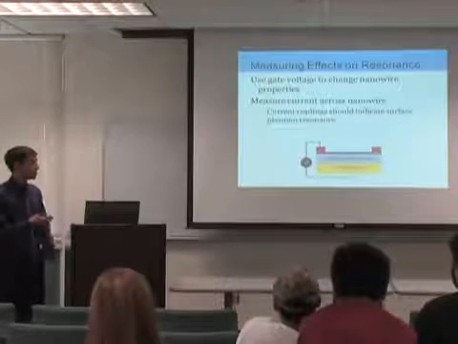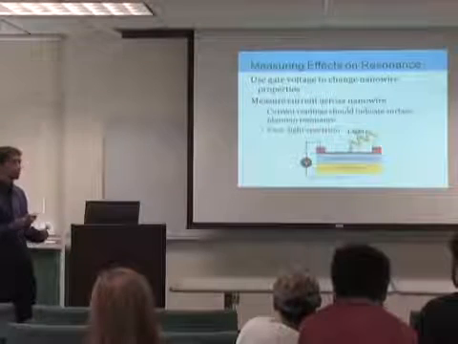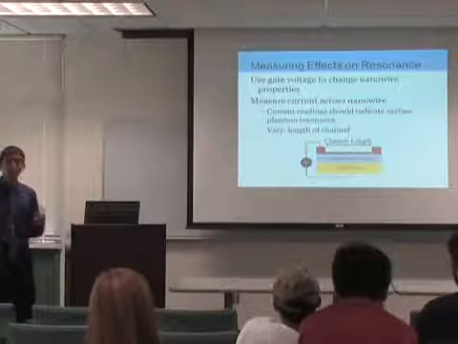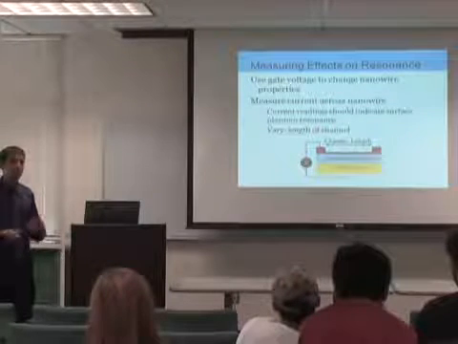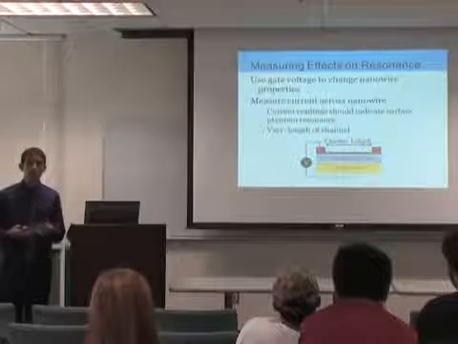If we do this under various conditions, such as different types of light that we shine on this device, or different lengths of our channel, or effectively our nanowire lengths, then we can learn a little bit more about these surface plasmons and see how we can tune them to our own benefit.